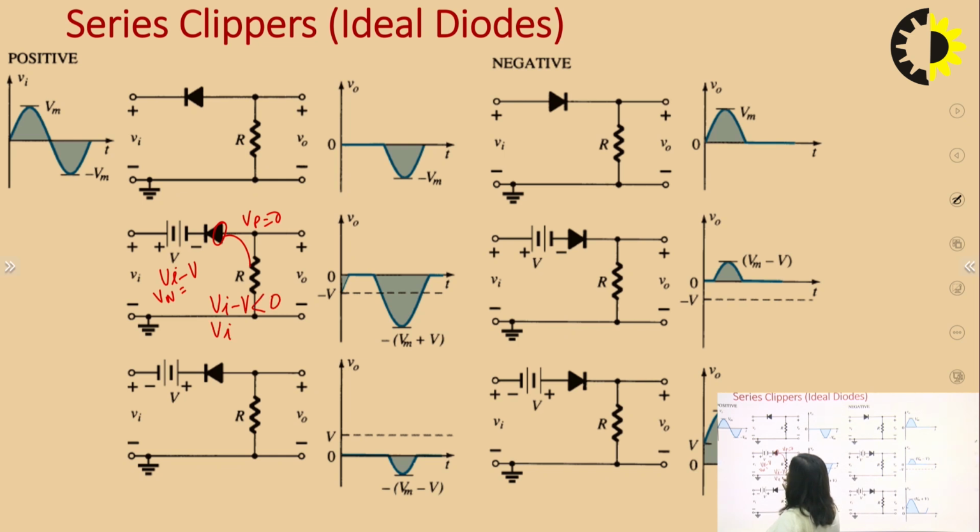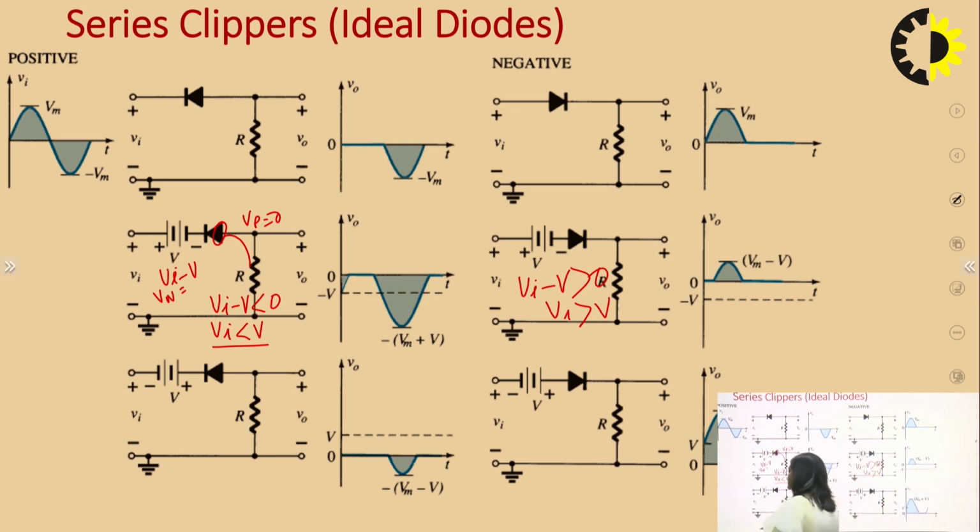This is the condition for which our diode will conduct here. And for this we can see the conducting condition, P plate potential will be Vi minus V, that is greater than 0. So Vi greater than V. For this condition our diode will be in conducting state.